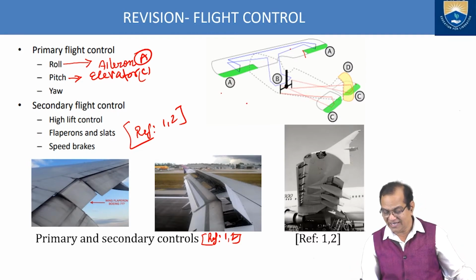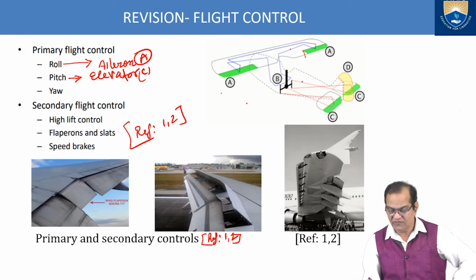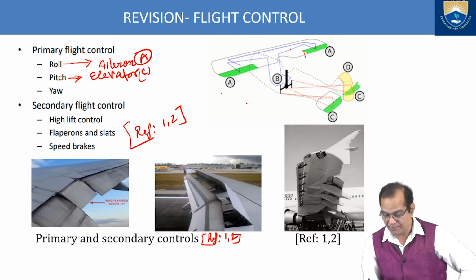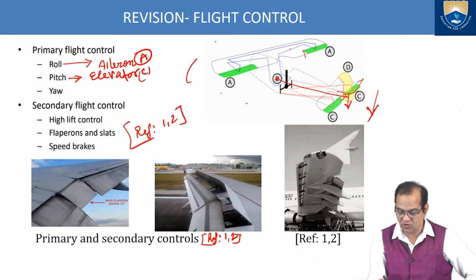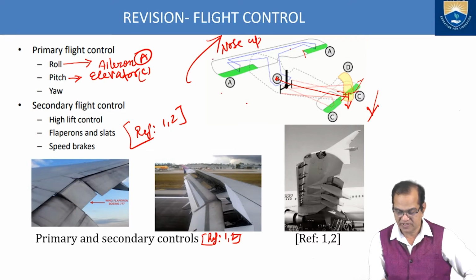So here the angle of attack, if I want to make it go up, this has to go up like this. So force will act in this direction. CG is here, assume. So this force into this distance, it will pull and nose will go up. So this is called the nose up pitching moment. Nose up pitching.